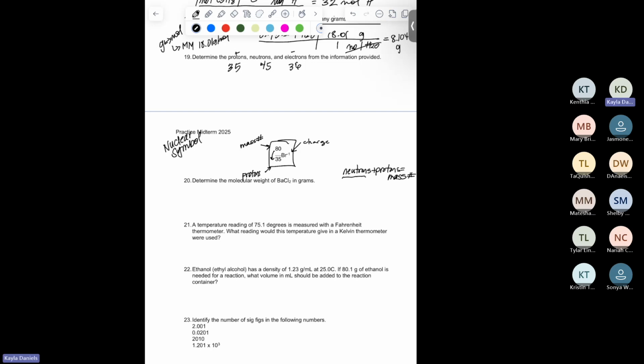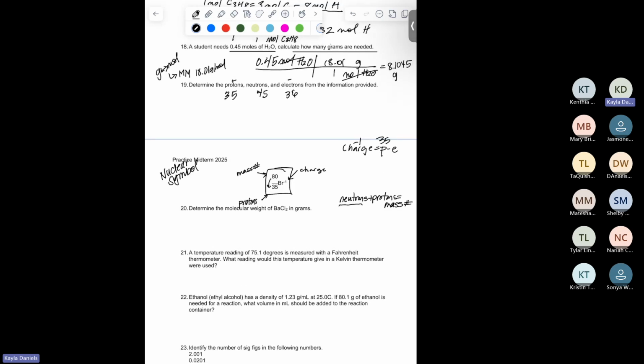The other formula: charge equals P minus E. If I knew my protons were 35 and my charge was -1, then I needed 36 in order to make that work algebraically.